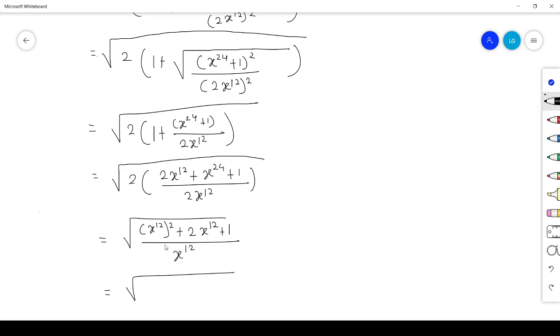Now again this is a square plus 2ab plus b square, means a plus b bracket square, it means x to the power 12 plus 1 bracket square divided by x to the power 12.